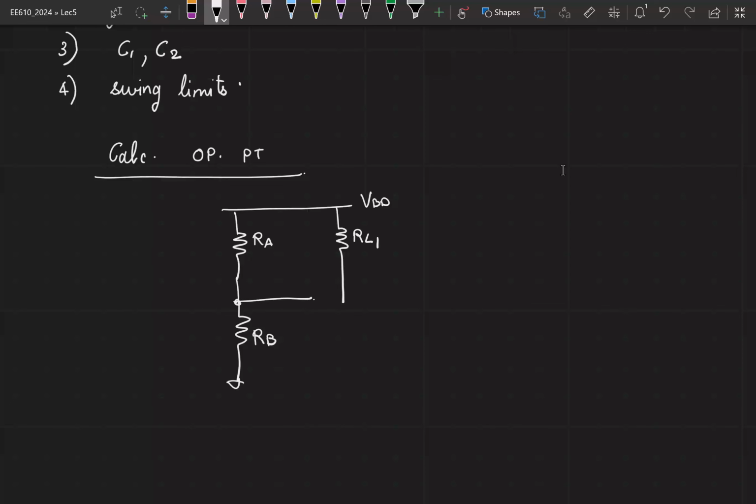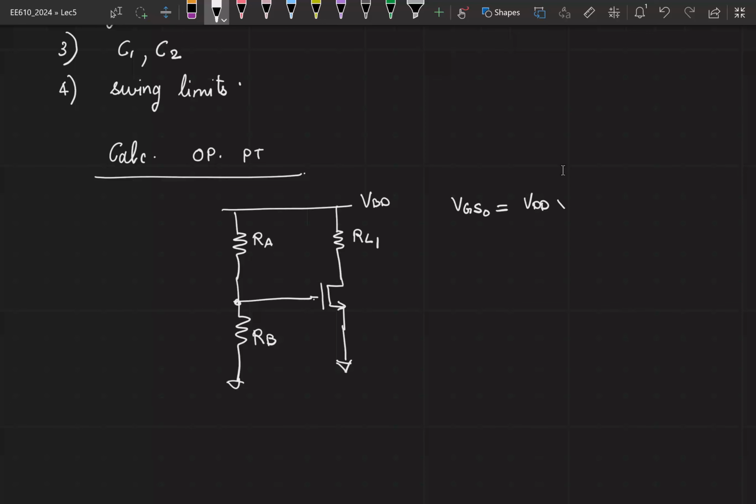For calculating the quiescent operating point, you would de-energize any incremental sources. Because the quiescent operating point is at DC, all the capacitors will be open. And this circuit is sufficient to look at the operating points for the transistor. So what do you get as VGS0?